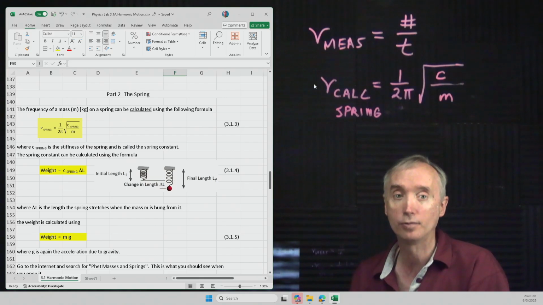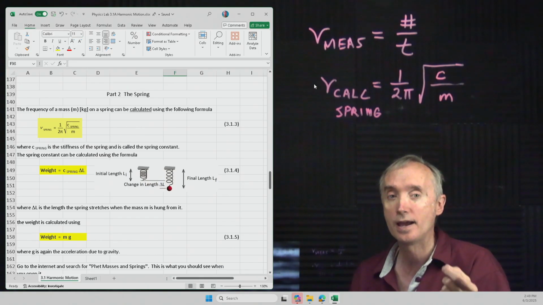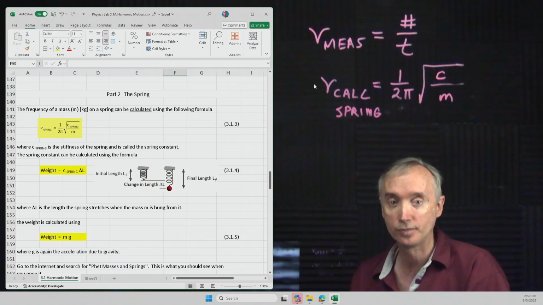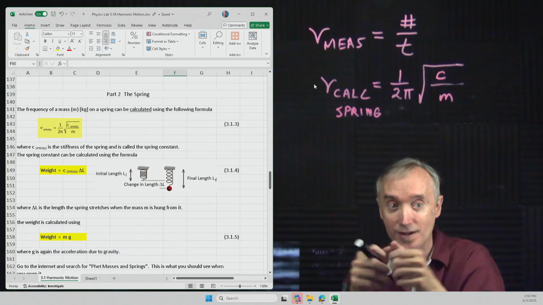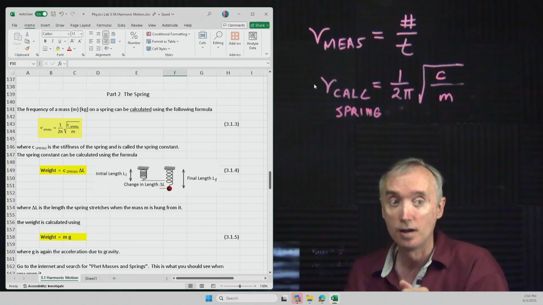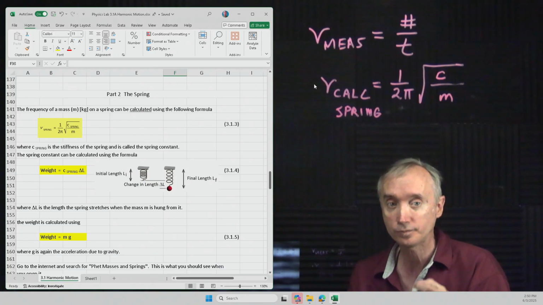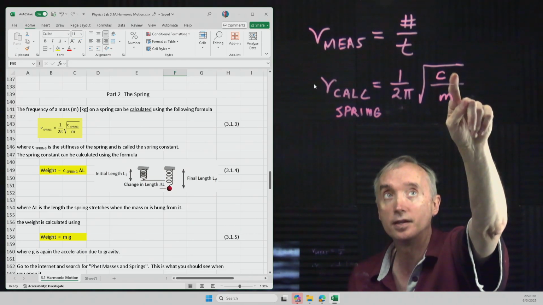For example, a rubber band has a very, very small spring constant. It's very stretchy. It's not stiff at all. On the other hand, a shock absorber for a car is a very, very stiff spring, so it would have a large spring constant. So that's what this thing here is.